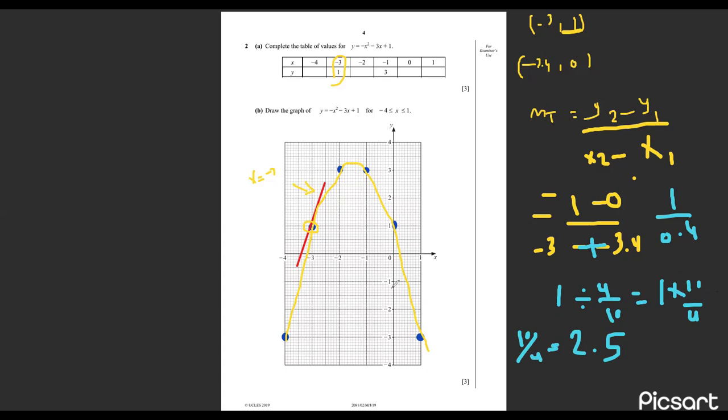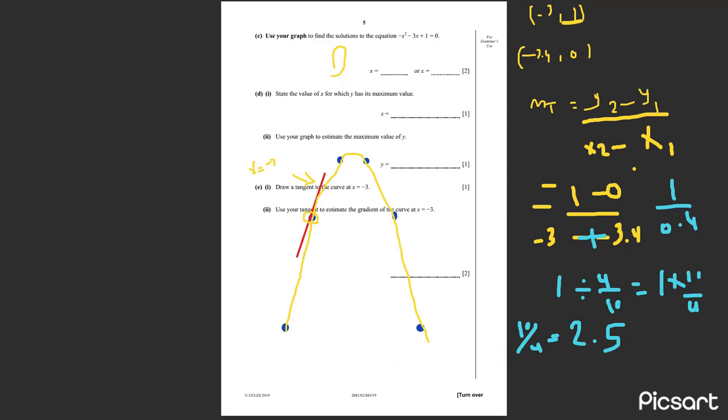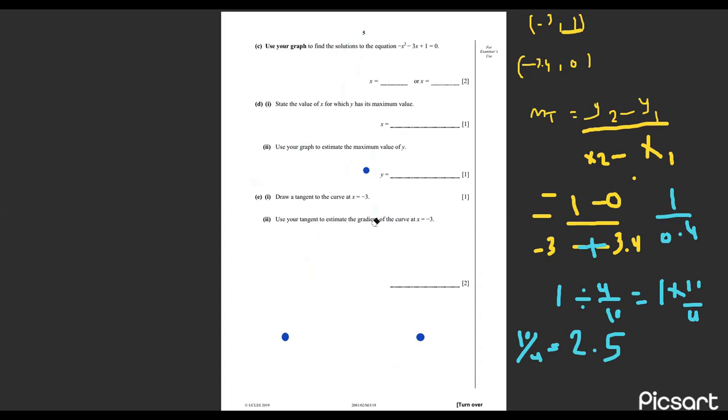So the gradient of the tangent will be equal to 2.5. Okay, let's see the next.